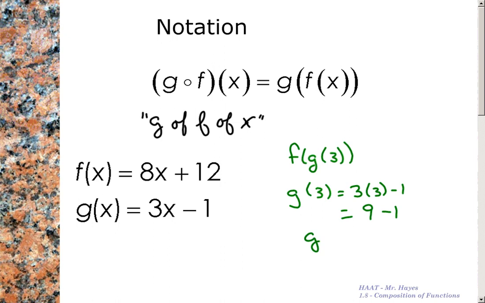So g of 3 is going to equal 8. So this g of 3 up here is going to have the same value as f of 8, because the g of 3 you just figured out is an 8.